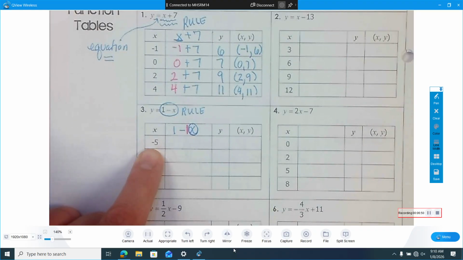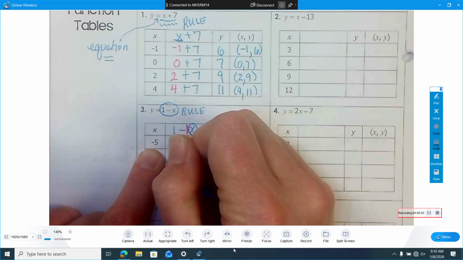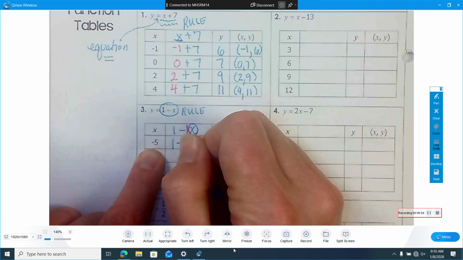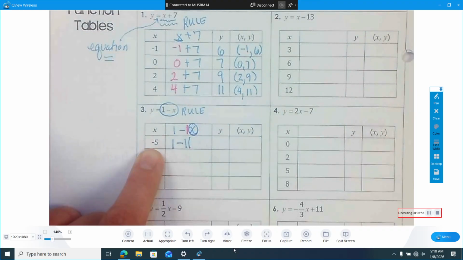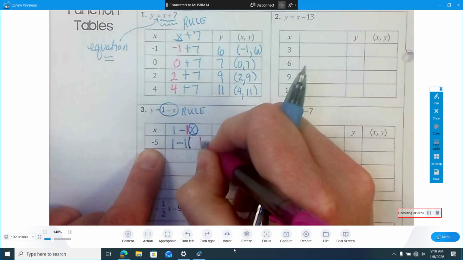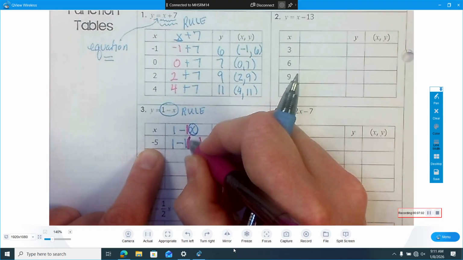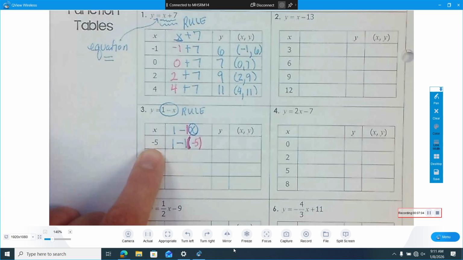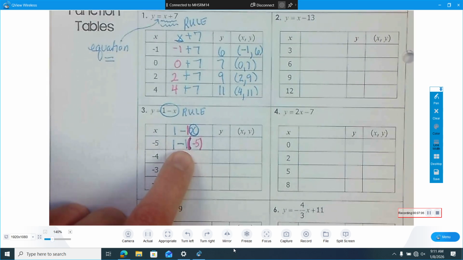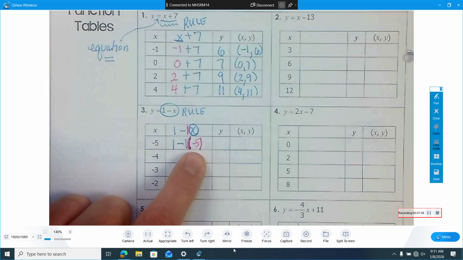And so I'm going to rewrite my rule here. 1 subtracting the 1. And then when we plug in, I want you to make sure that when you replace your x, you use parentheses. So that is -5. So it's a -1 times -5. That is so tricky. This is not a problem I would have done second here.